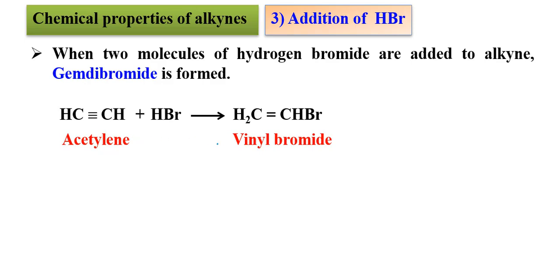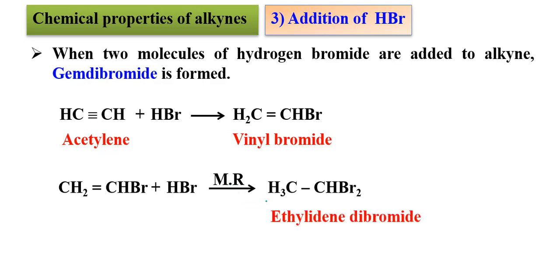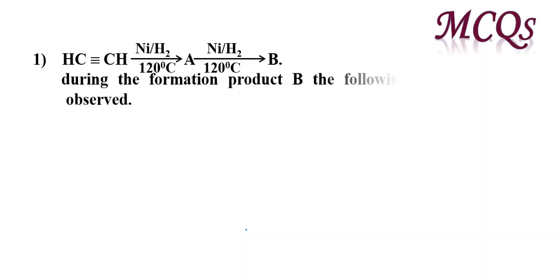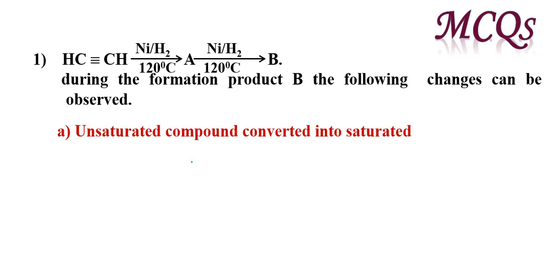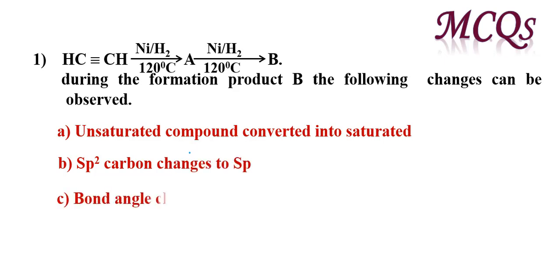See HBr, vinyl bromide is forming initially, then again according to Markovnikov rule CH3CHBr2. Acetylene, so A and B. What is the A? Initially an alkene forms, then an alkane.